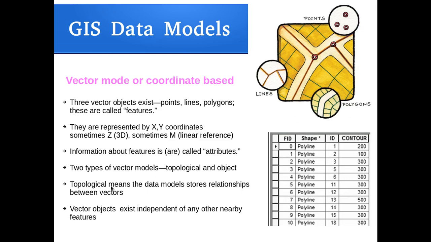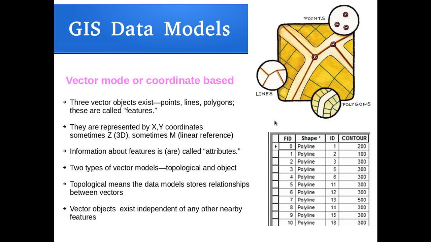And one of those is the vector mode or coordinate based mode. For this kind of data structure, the three objects that are used in order to model real world objects are points, lines, and polygons, which are also called features. And at the same time, those objects are located using x and y coordinates, or sometimes even z coordinates.